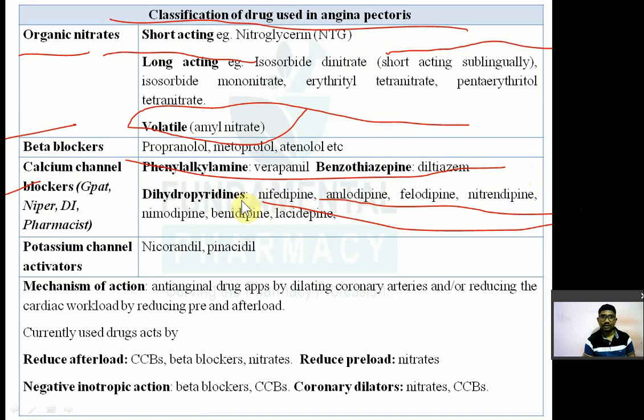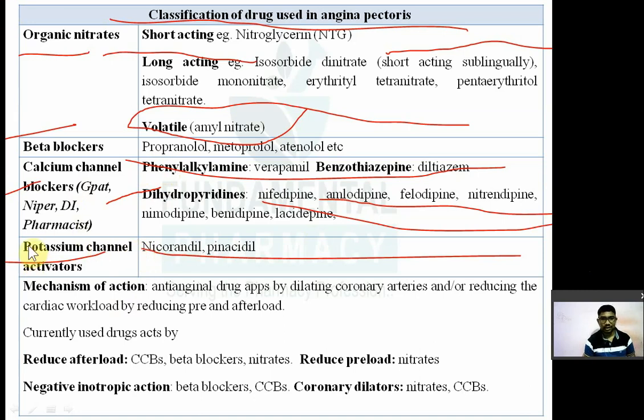Remember, the dipines are the dihydropyridines. Then the fourth class is the potassium channel openers like nicorandil and pinacidil. So these are the main classes.